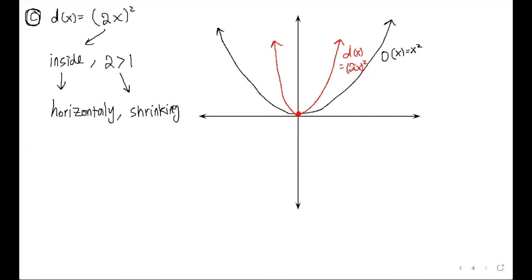So again, this is the x-axis here, and the y-axis. Even and odd function.